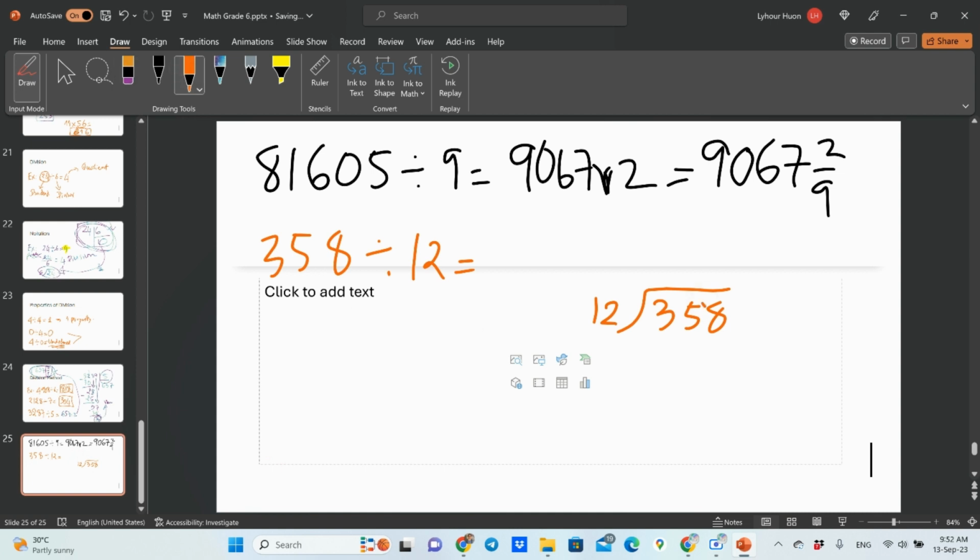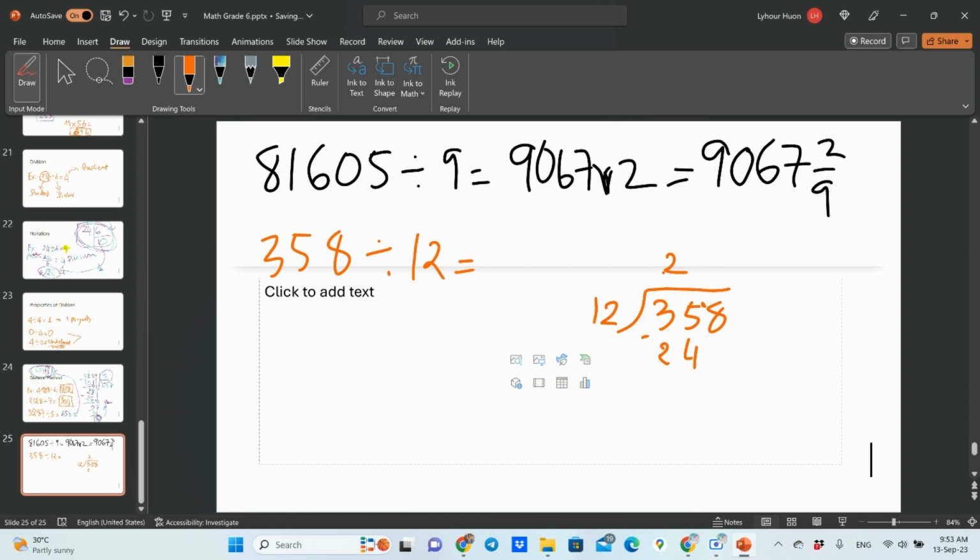Okay, so it's very similar, just how they put the order or arrangement is different: here, this, here, this. Still we use two digits. How many times does 12 go into 35? Two. 2 times 12 is 24.